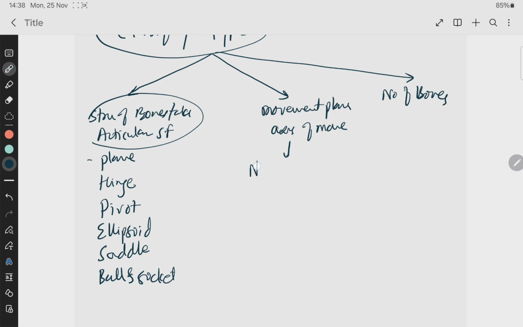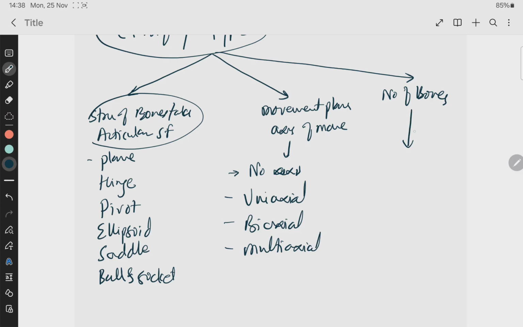According to movement, there is the non-axial type of synovial joint. Then they are either uniaxial, biaxial, or multi-axial type of synovial joints. And according to the number of bones, they are either simple synovial joints, compound synovial joints, or complex synovial joints.